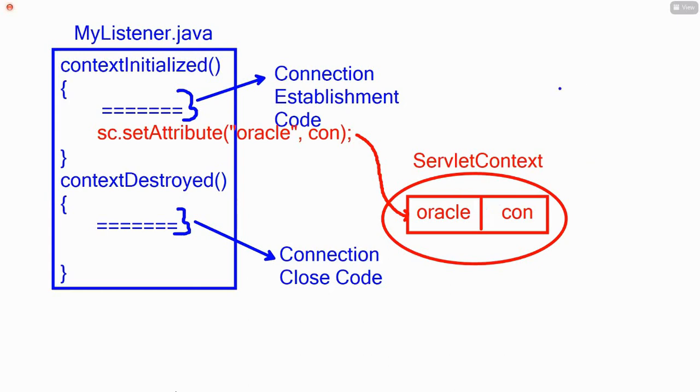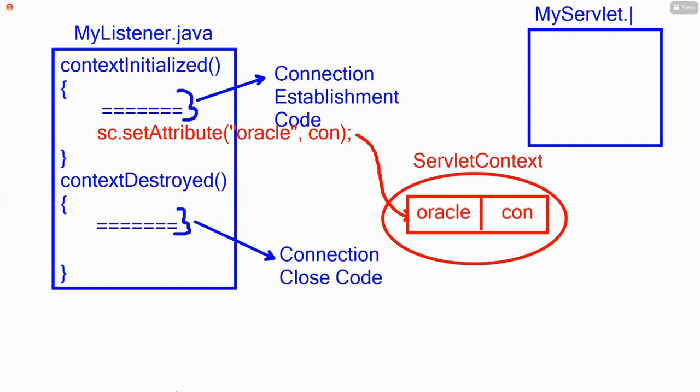This connection can be used by all servlets. So what I'll do here, another servlet I'll write. My servlet I'll write. This I'll retrieve here. Here I'll call get attribute.